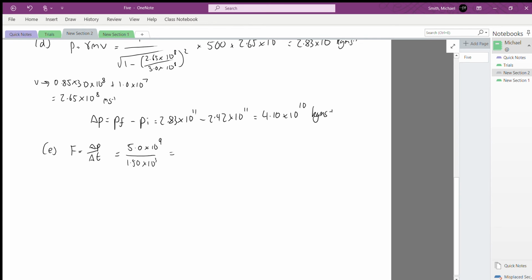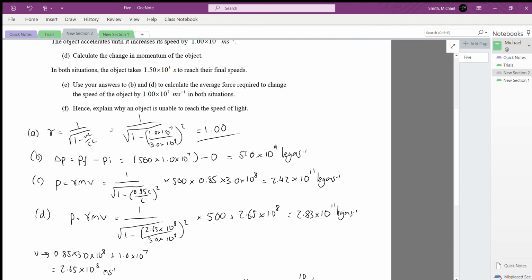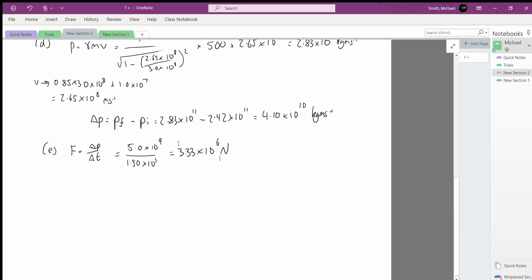And if we substitute that into our calculator, we get 3.33 times 10 to the power of 6 newtons. So in order to increase the momentum of an object from stationary until it reaches a momentum of 5 times 10 to the power of 9 kilograms meters per second, that force is required.